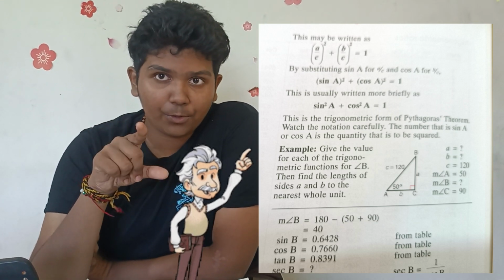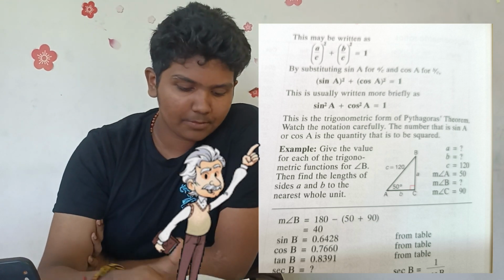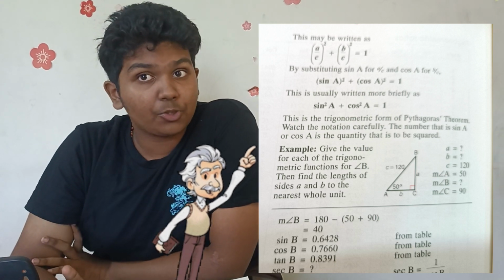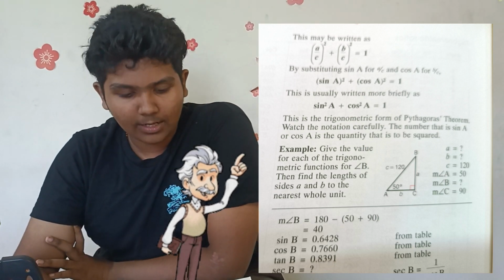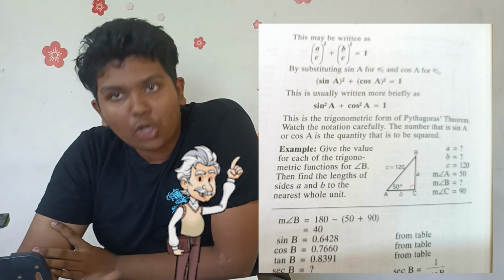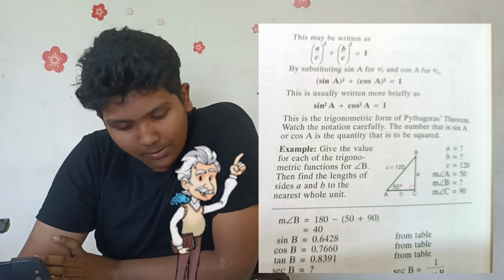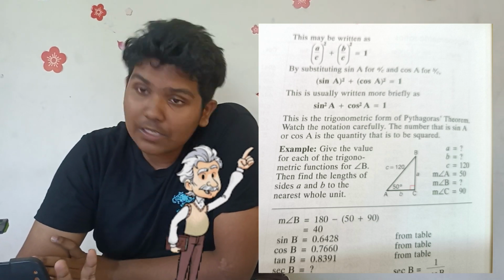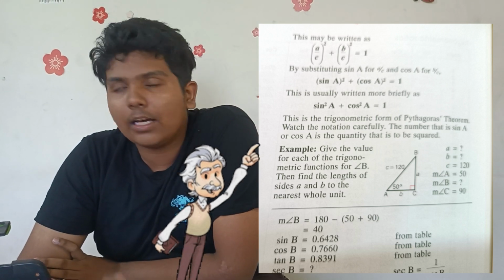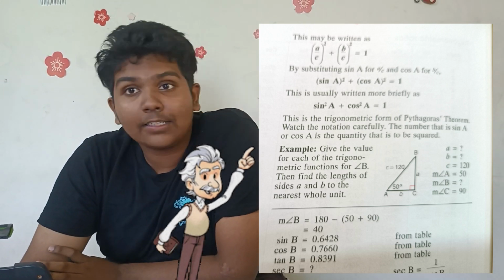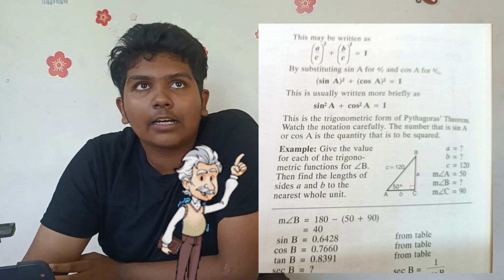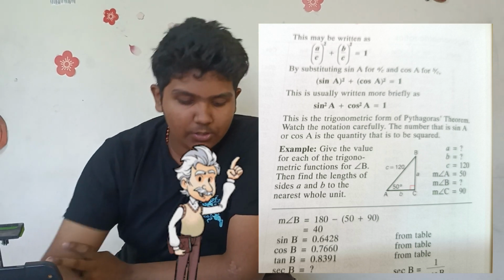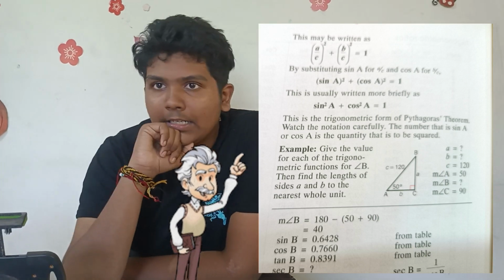And the angle A is 50 degree, and as usual C is 90 degree. So A and B are not given, but C is given, which is 120.